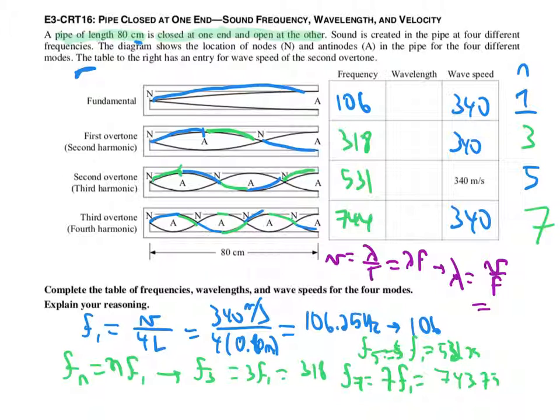So I can say 340 over 106, and I get 3.21, or 340 over 318, and I get 1.07, 340 over 531, and I get 0.64, and 340 over 744 is 0.46.